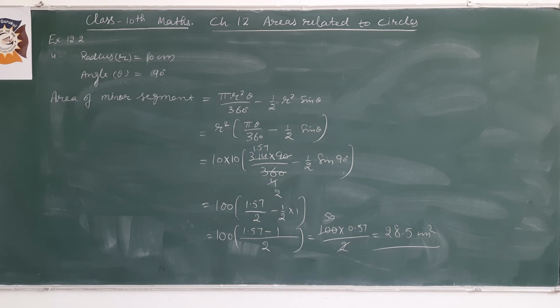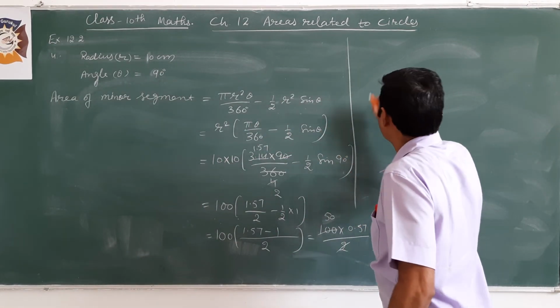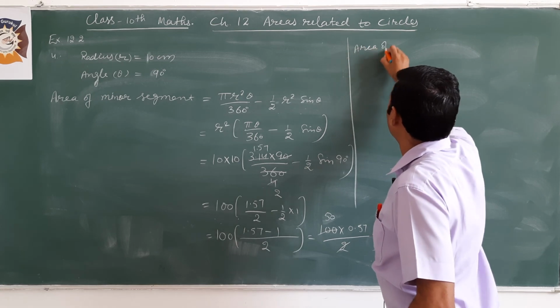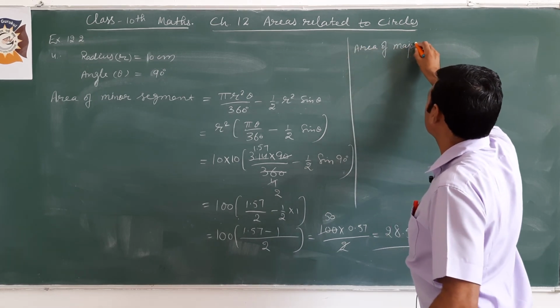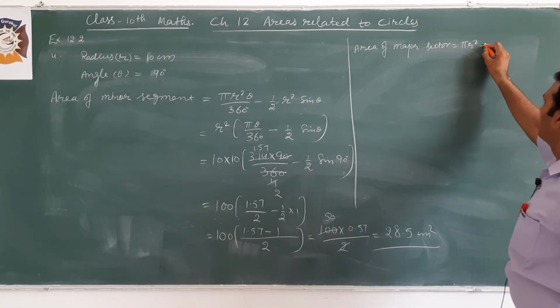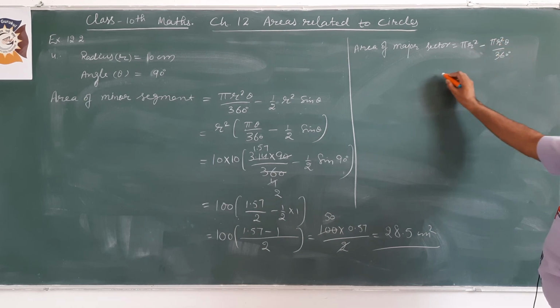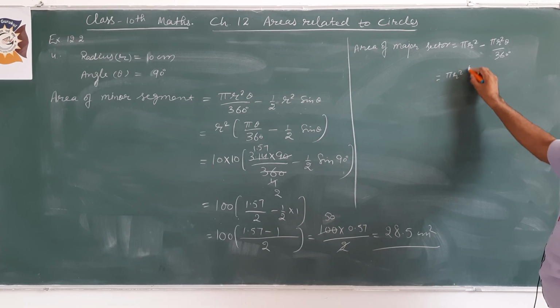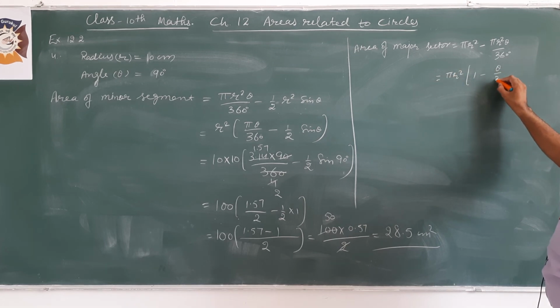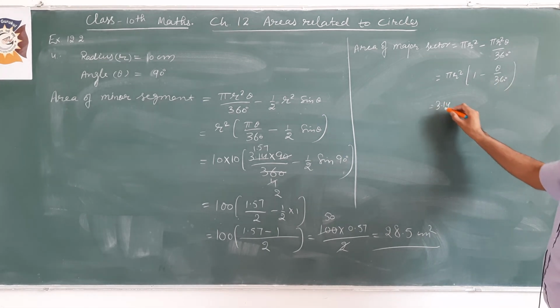Second part of this, area of major sector. We know area of major sector is area of circle minus area of minor sector. Pi r square common, 1 minus theta upon 360 degree. Pi is 3.14, it's given.